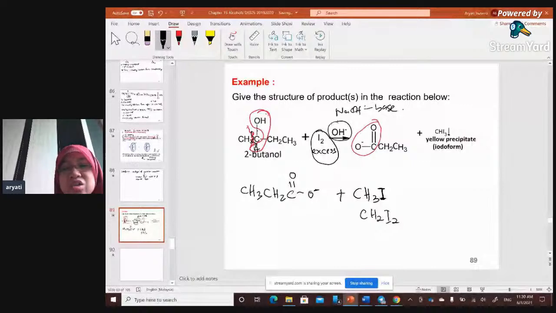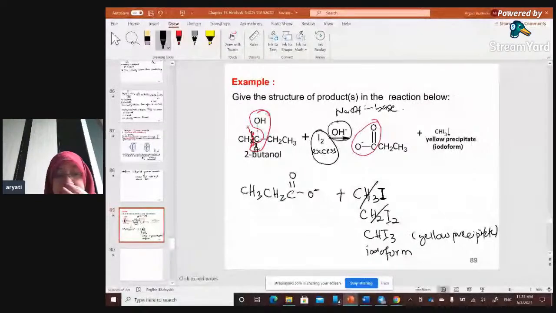So pada masa jadi CHI3 ni, ini dipanggil iodoform. This compound dia bagi yellow precipitate. Selepas dia jadi CHI3, dia akan stop.